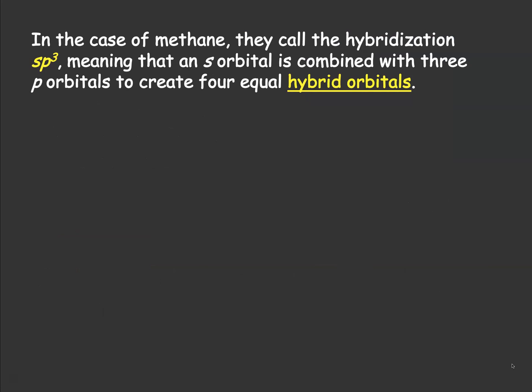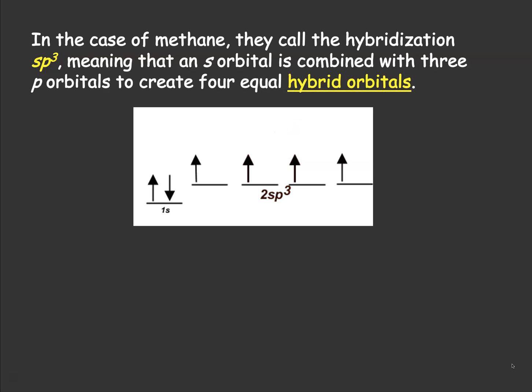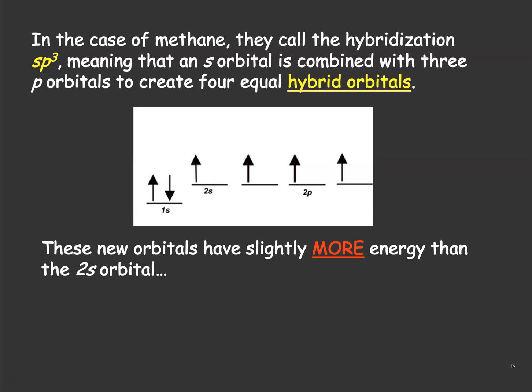So in the case of methane, we call this hybridization sp3, meaning that an s orbital is combined with the 3 p orbitals in carbon to create 4 equal hybrid orbitals. As you can see, the 2s and the 2p come together in between to make 4 equal energy orbitals.